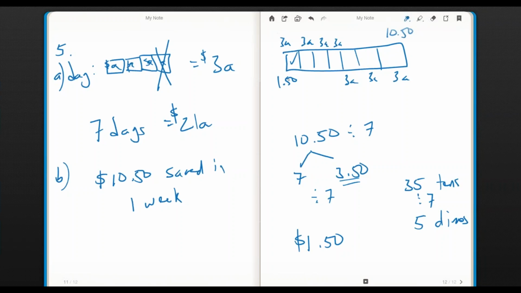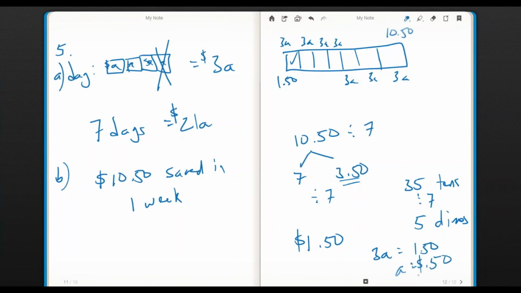And then if $1.50 is 3 of something, then of course I need to divide that down into 3 parts. I have 15 dimes divided by 3 is going to be 5 dimes, 50 cents.